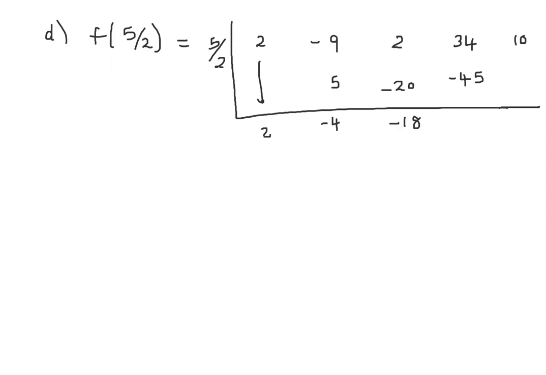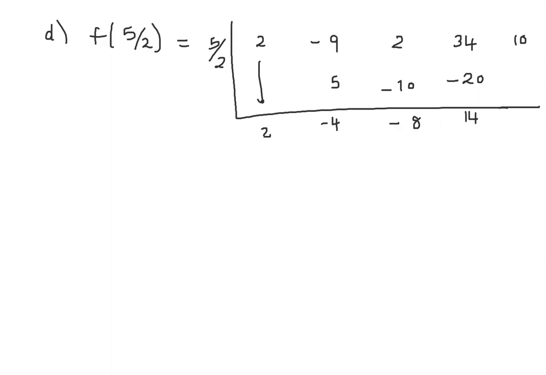One second, let me make sure I'm getting the right answer. Okay, negative 4, negative 8. Sorry, this is negative 10. So we get negative 8. Then this is going to be negative 20. We get 14.